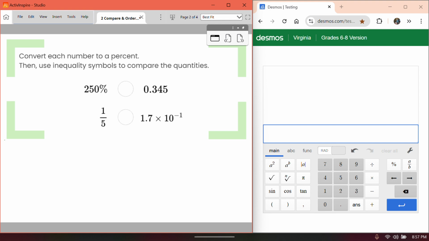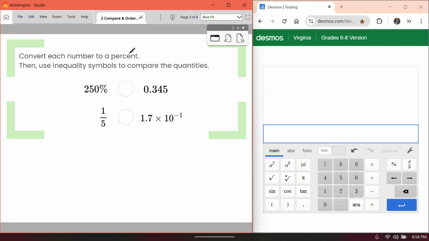Now, the Benson-Voss method for this might be different than how you do it or how you've learned to do it at your school, but this is how we do it in our classroom. And if your teacher wants you to do it a different way, 100% listen to them and use their method. A lot of teachers and a lot of schools tell you to convert all of your numbers into decimals and then compare or order.